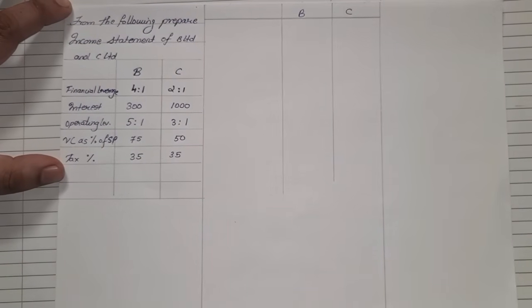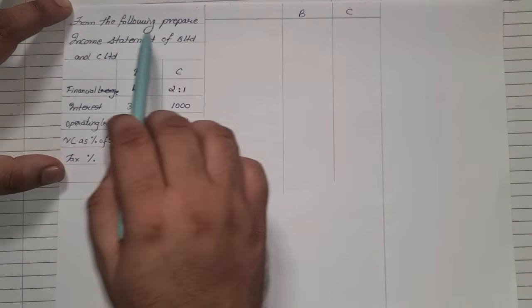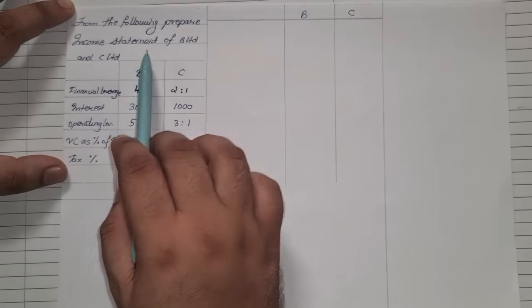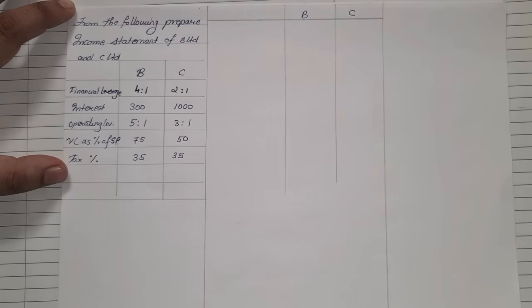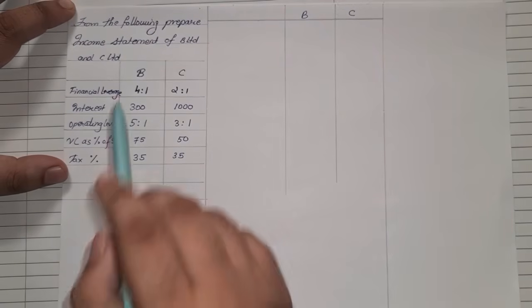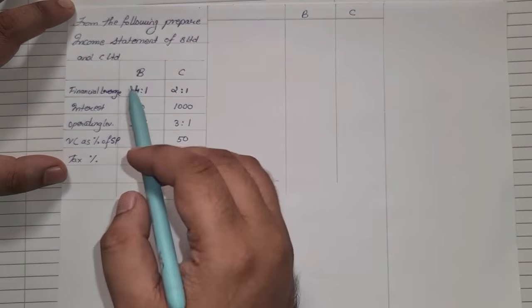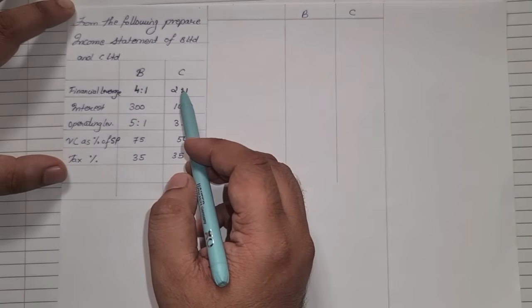Okay, now let us see the second variation. From the following, prepare the income statement of B Limited and C Limited. Now they have given us the values of B Limited and C Limited.